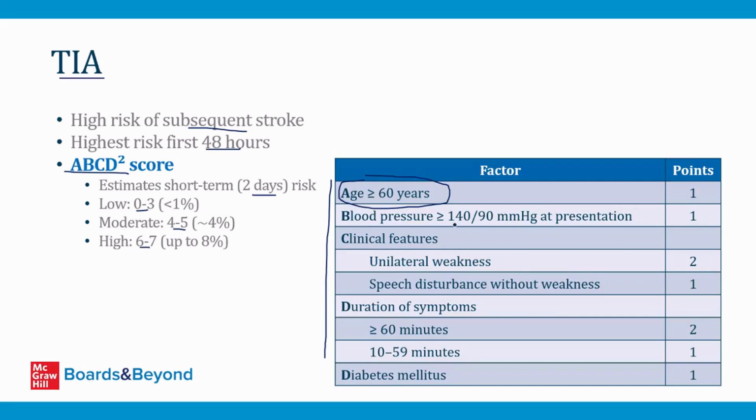If the blood pressure is elevated when they present with their TIA, this is a risk factor. Certain clinical features are high risk of subsequent stroke. Unilateral weakness suggests a big area of ischemia during the TIA. Same thing is true if there's speech disturbance without weakness. The duration of symptoms is important. Longer duration is higher risk than shorter duration. And then finally, diabetes is an independent predictor of a higher risk of stroke.